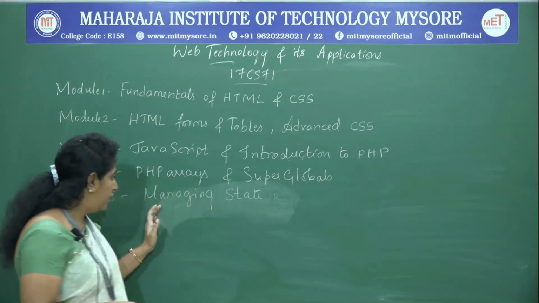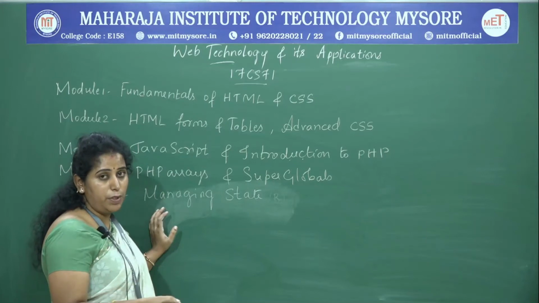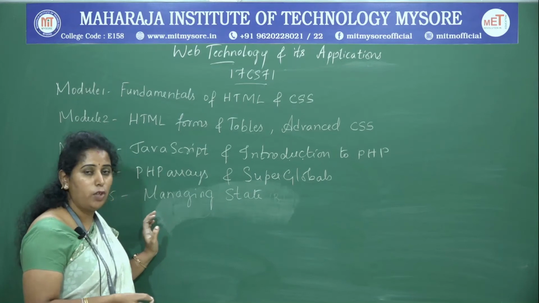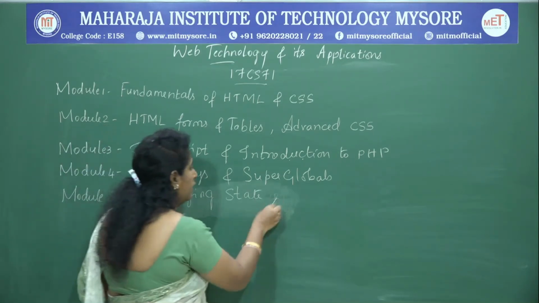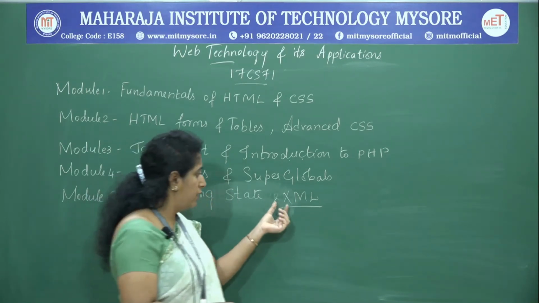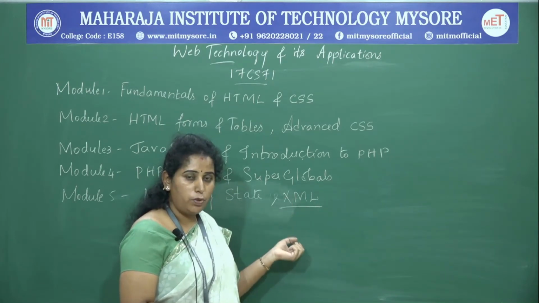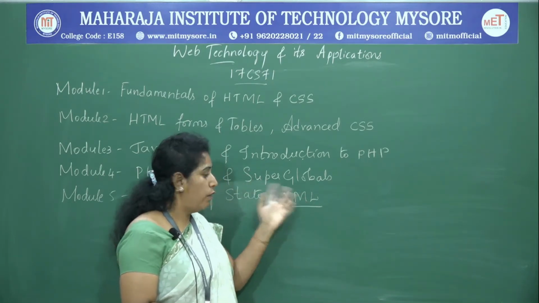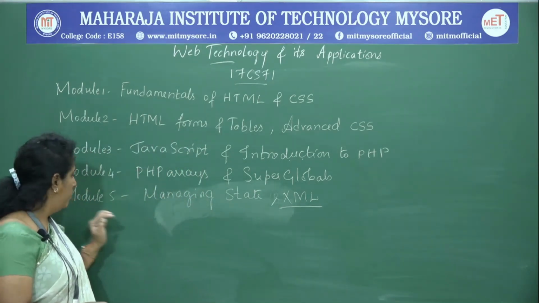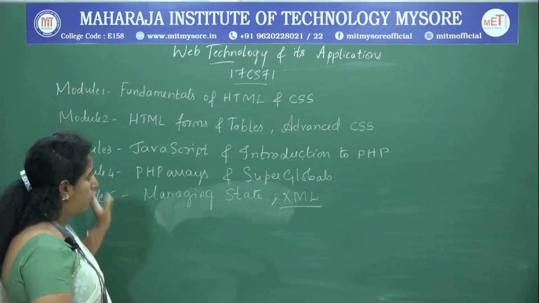Along with that, in this chapter we are discussing advanced JavaScript, like jQuery, and many other topics like XML, which stands for Extensible Markup Language. How it supports web development. Likewise, a few topics will be covered in the managing state module 5.